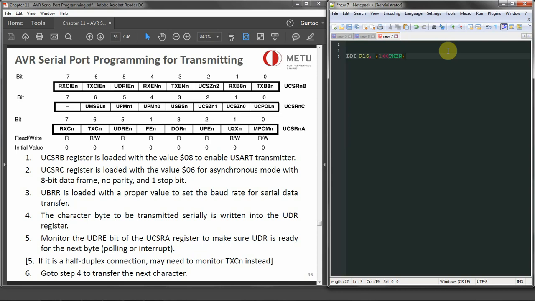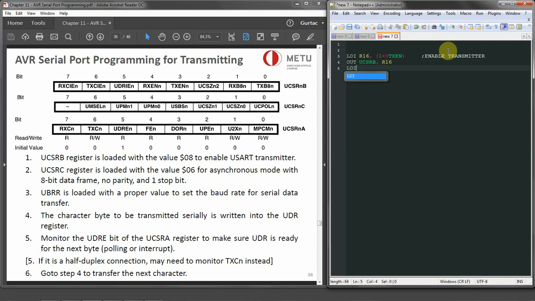Okay, so I can say enable transmitter, and then what we can do, we can out this on UCSRB, R16.